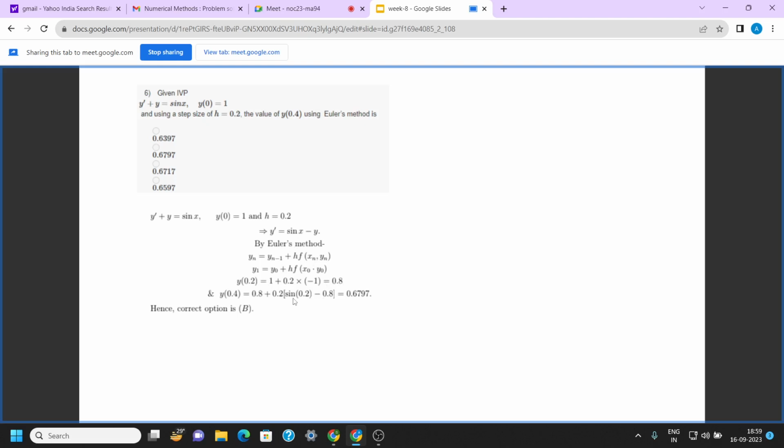Okay, just check that your calculator should be giving values in radians and not in degrees. If it is in degrees, then the answer will differ. So you will get the answer as 0.6797. Solve it.